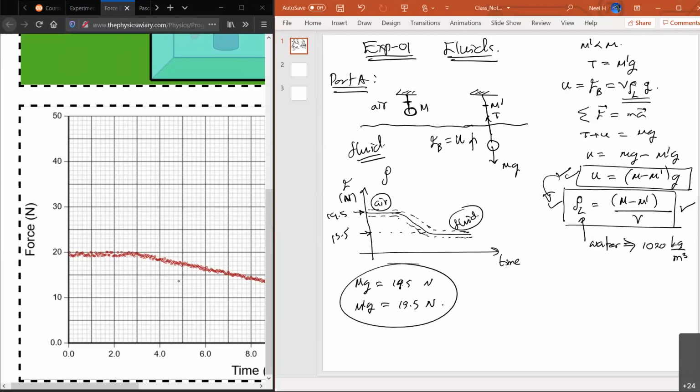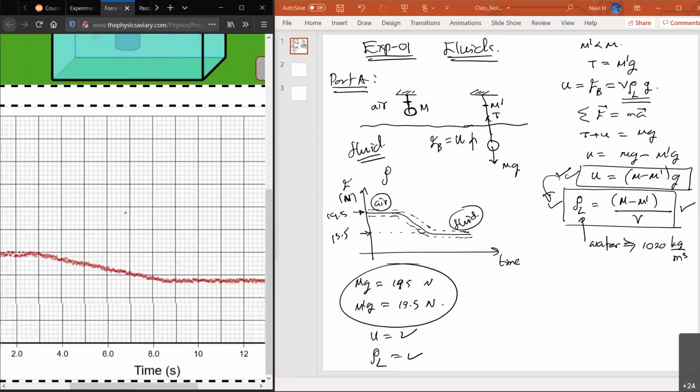By using this information I can calculate U, the buoyant force, and also I can calculate rho of L. So that's the idea. It's very simple. And we're going to do this by changing the type of liquid, at least 4 different types of fluids, and then we'll compare those numbers to the known numbers. So that's the plan. Very simple calculation. Okay, any question?